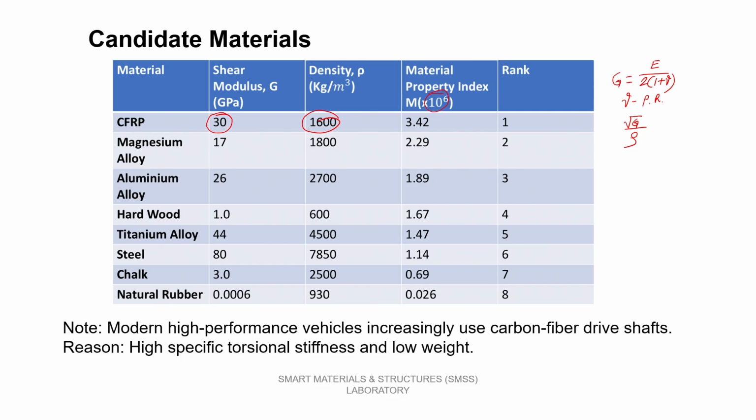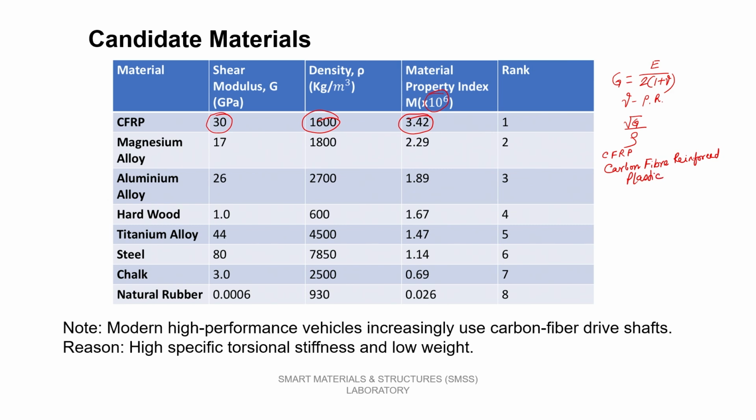Then the M value, without that 10 to the power 6, will come out as 3.42, and this is for CFRP. CFRP stands for carbon fiber reinforced plastic, one of the best for this type of application.